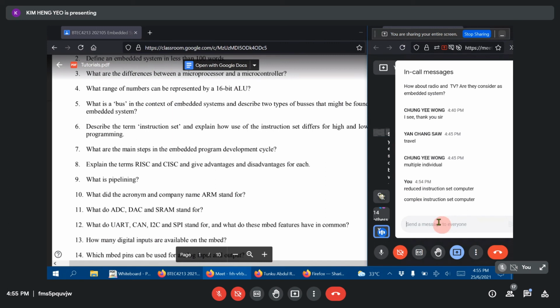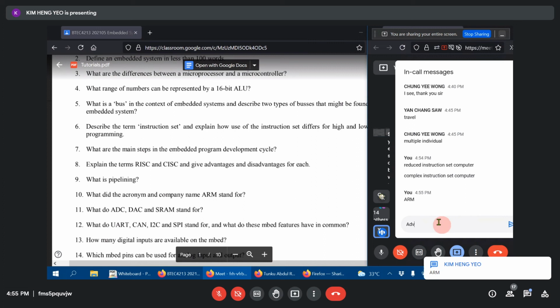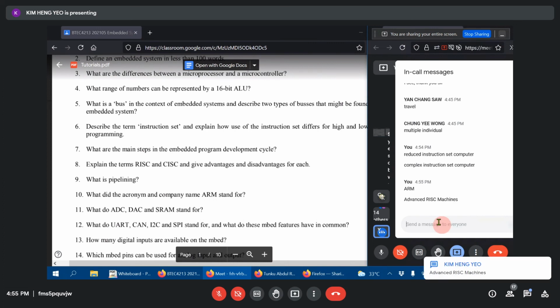In fact, their name ARM comes from Advanced RISC Machines. This was their name initially. Because ARM, their first business was to design and sell RISC processors, reduced instruction set computer processors. Okay, just like PIC, you know.